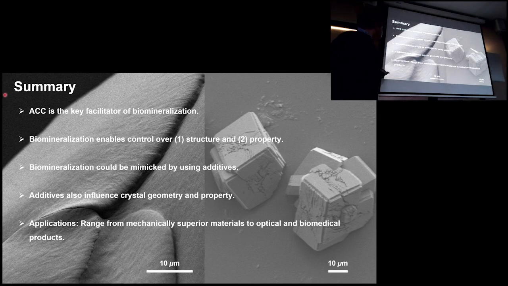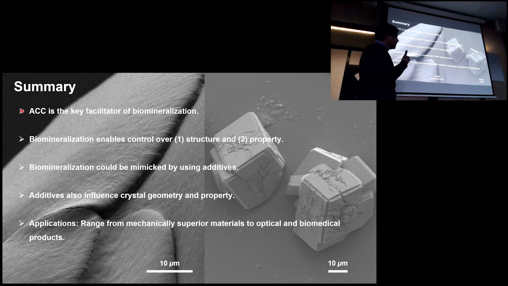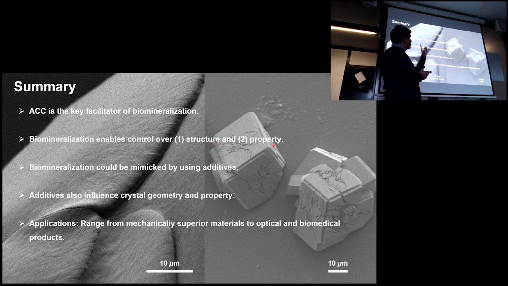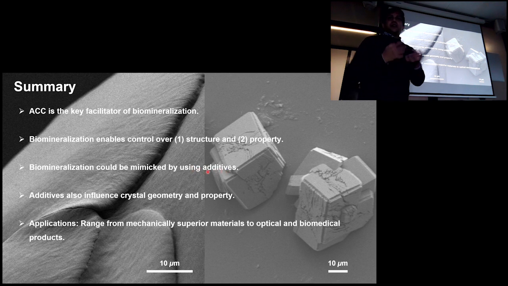To summarize, as you saw, ACC is the key player in the process of biomineralization, and biomineralization enables us, as well as the biological system, to control the structure and then the properties of the biomineralized materials. We try to engineer biomineralization by using additives.